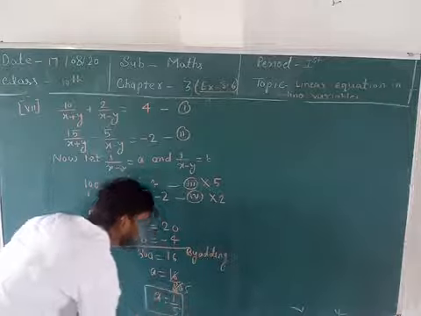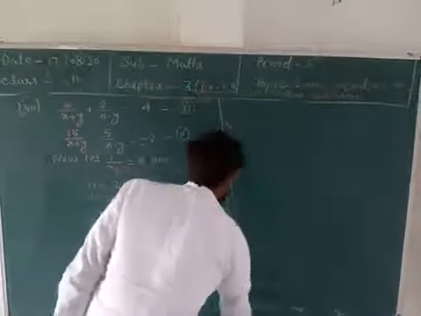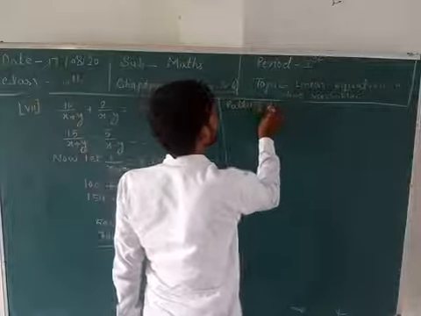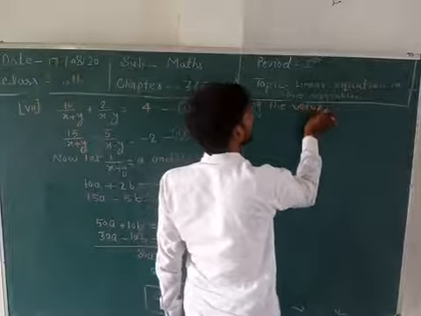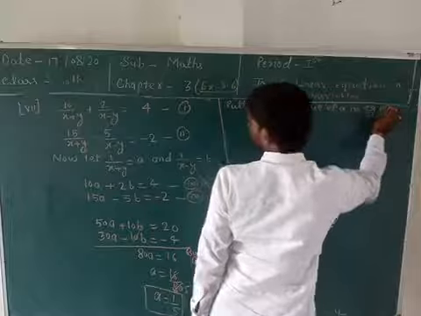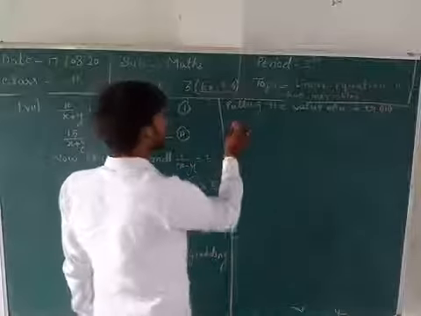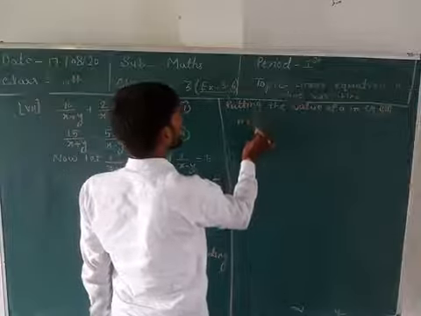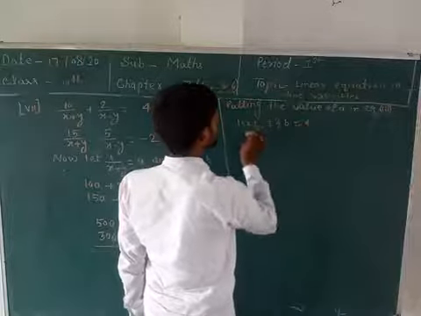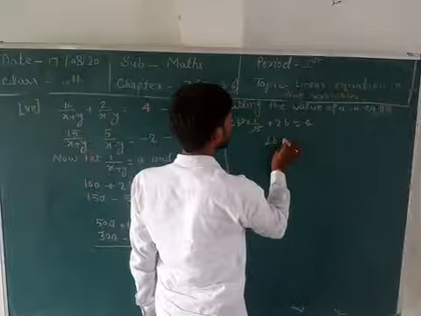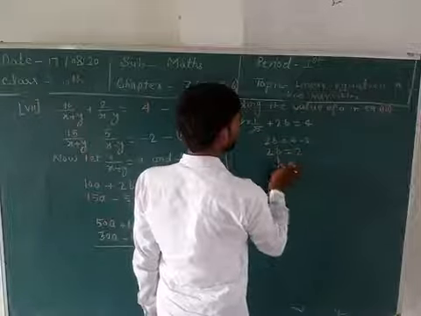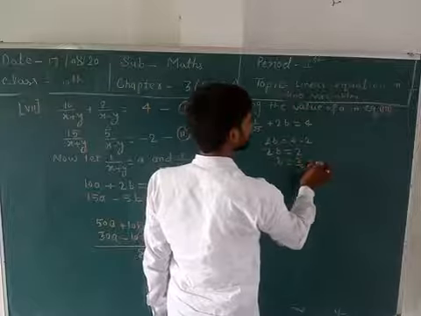Now putting the value of a in equation 3, we have 10a means 10 into 1 upon 5 plus 2b equal to 4, then 2b equal to 4 minus 2, then 2b equal to 2, then b equal to 2 upon 2 means 1.